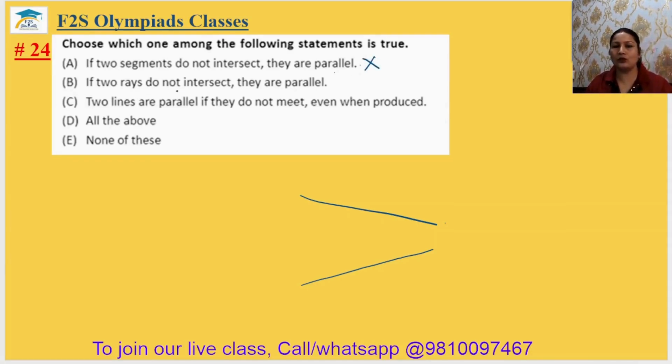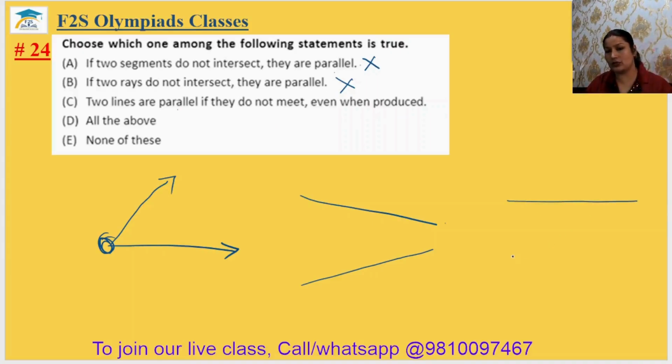Wrong. If 2 rays do not intersect, they are parallel. 2 rays do not intersect, but their origin point can be common, so we can say they cannot be parallel. 2 lines are parallel if they do not meet even when produced.